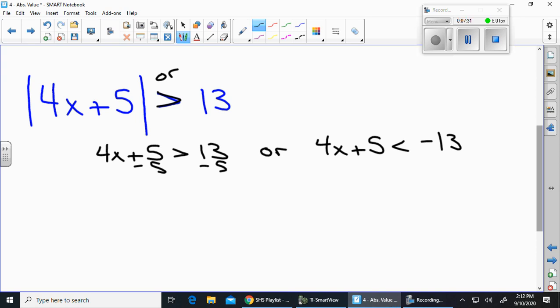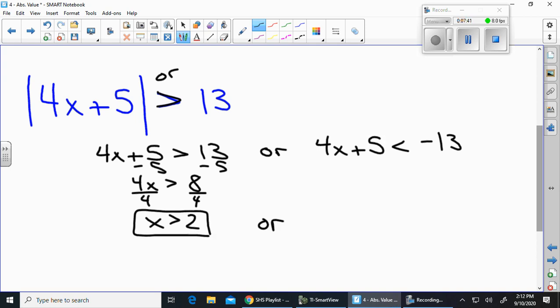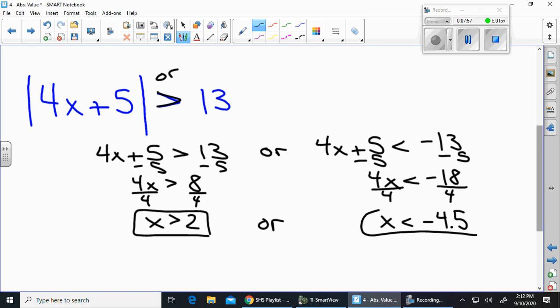Go ahead, solve. 4x is greater than 8. Divide by 4. X is greater than 2 is part of your answer. Or subtract 5. 4x is less than negative 18. And with all of this, anytime you divide by a negative, make sure you would switch your sign.